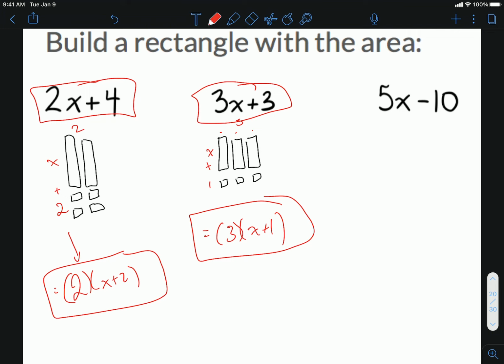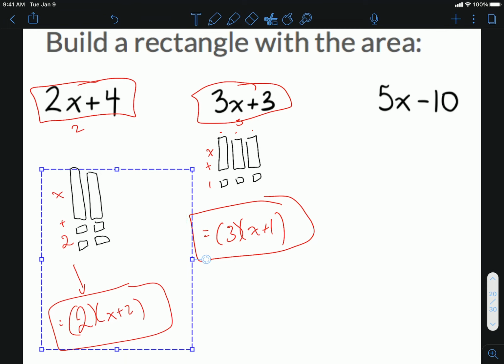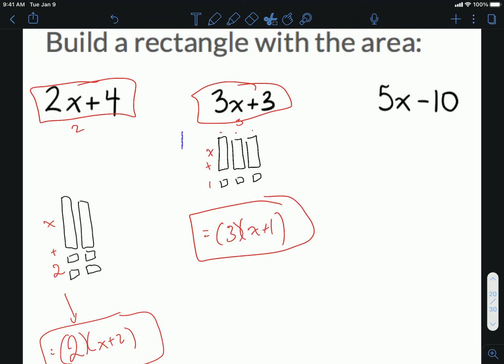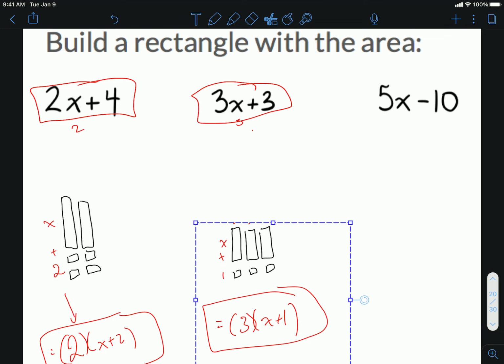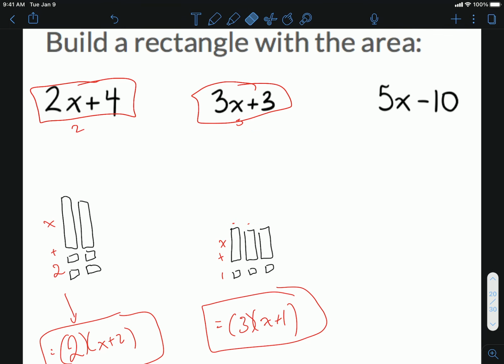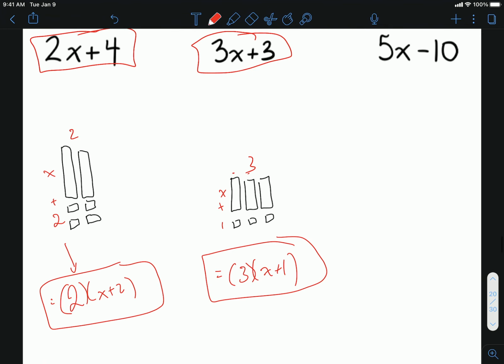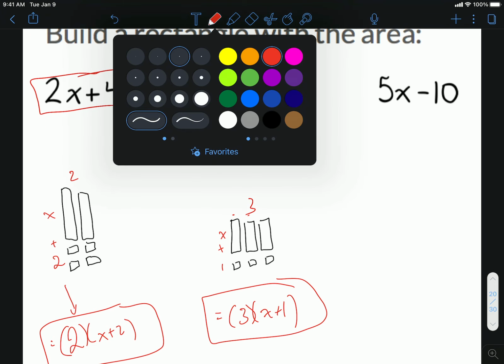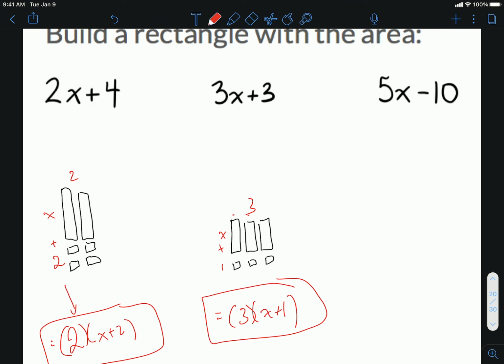So if I were to move all this, based on what I've done here, and if I were to look at these a little bit more closely, it looks like, based on my answer, if I looked at what was common between both of these, what's something in common between both of them numerically?